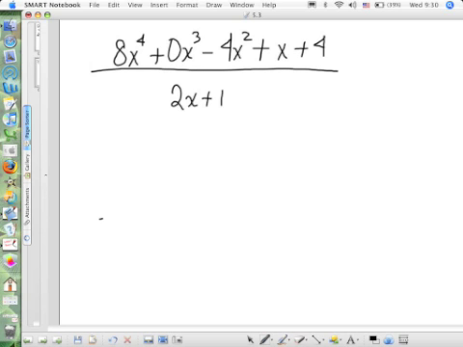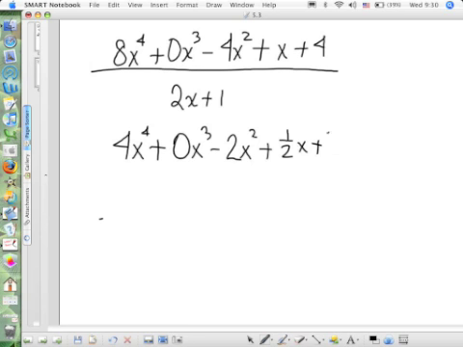The 8, the 0, the negative 4, the 1, the 4, the 2, and the 1 all need to be divided by 2. So if I divide everything by 2, this becomes 4x to the 4th. What's 0 divided by 2? Still 0, minus 2x squared, plus 1/2 x, plus 2.